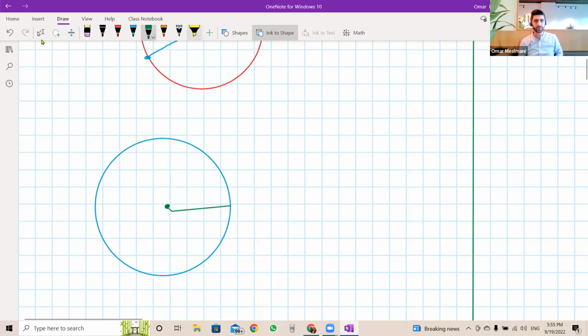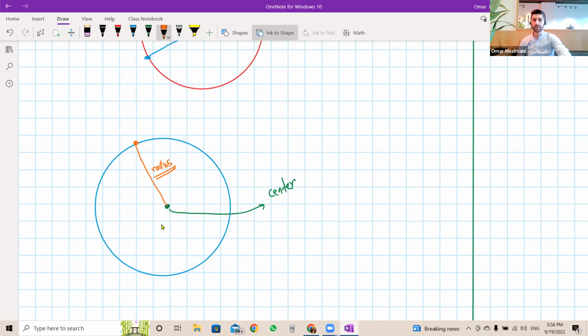Center, yes. We call this point the center. And the line segment between the center and a point on the circle is called a radius.